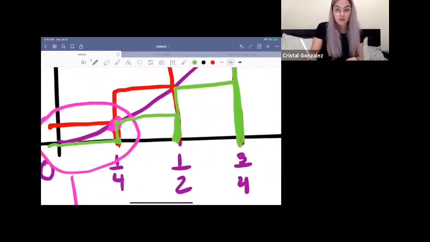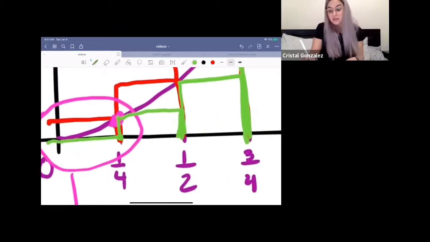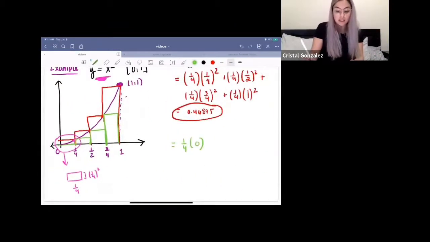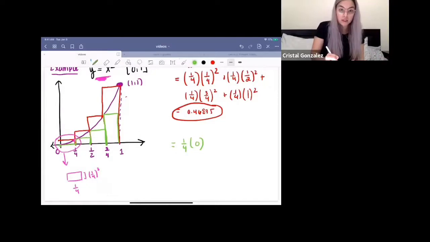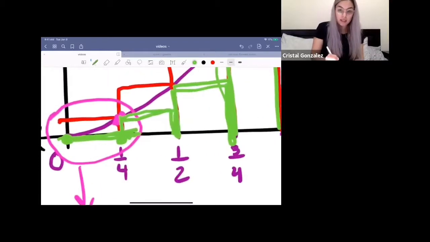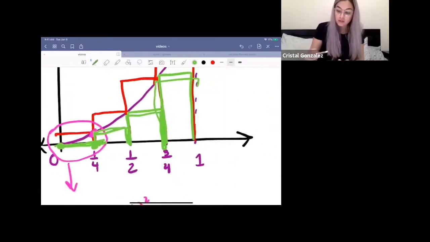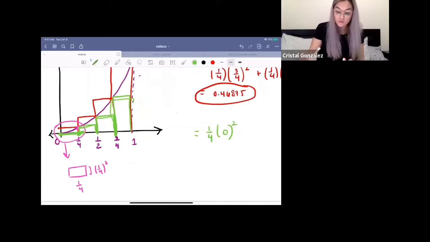But for my first rectangle here, my height is 0. Because what I did is I started from my left-hand side, so my left endpoint here, 0, and then I drew that rectangle this way. So here is where it touches the function, and then when I get to my next point, I go up this way, up this way, up this way. And here my point is 0, so this is going to be 0 squared, which makes sense because there's no function there.